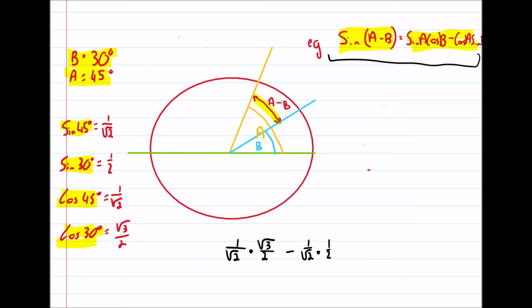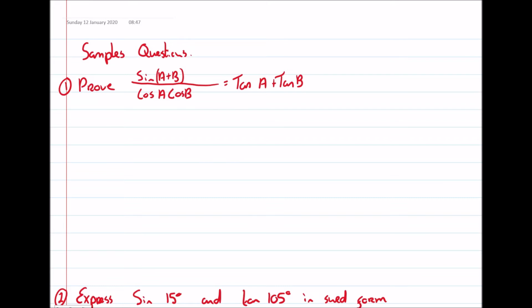All I do then is multiply these two together, multiply these two together, and subtract them from each other, and that will give me the sine of this angle. Okay? Right, so we'll just do 3 examples to show these.